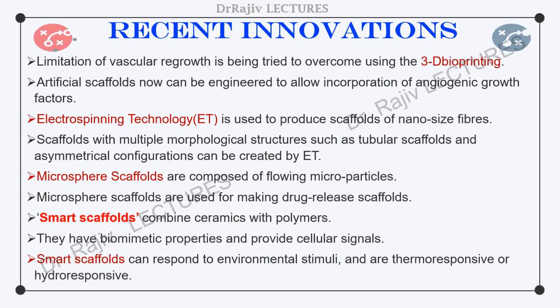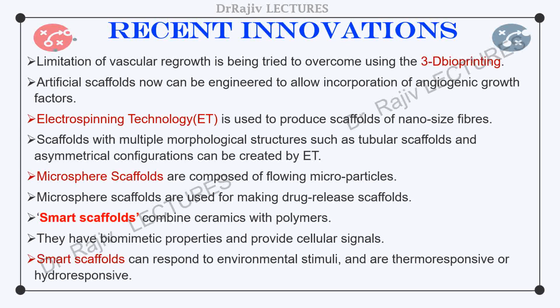Artificial scaffolds now can be engineered to allow the incorporation and retention of particular cell growth factors, including angiogenic growth factors such as vascular endothelial growth factor, to stimulate the growth of a vascularized functional tissue construct.